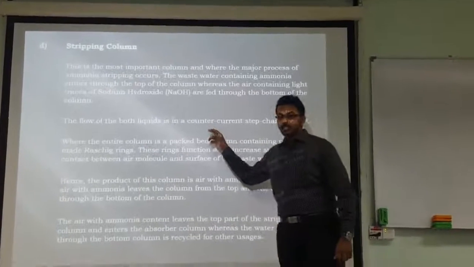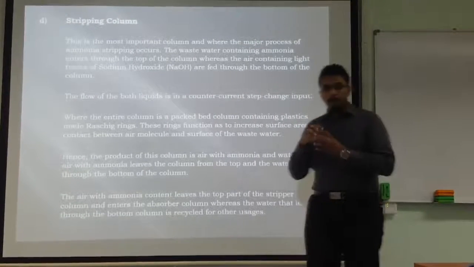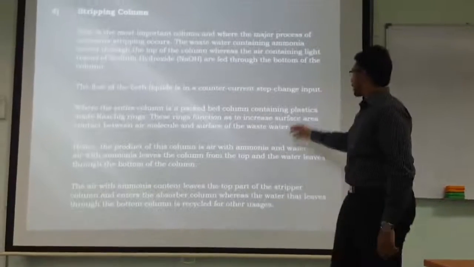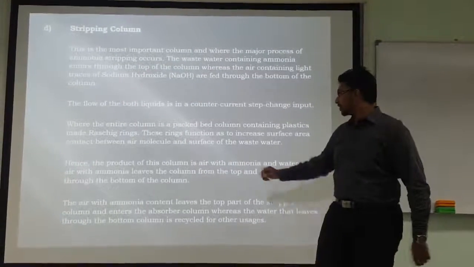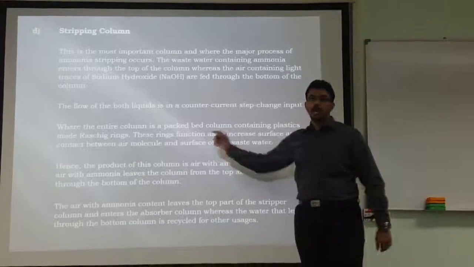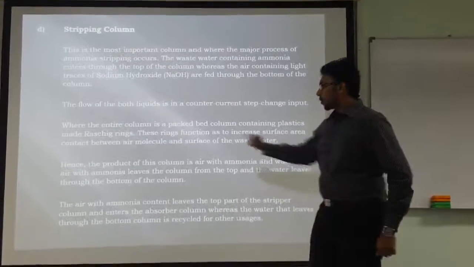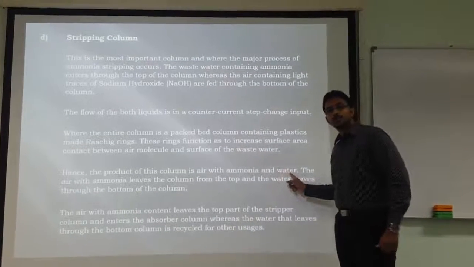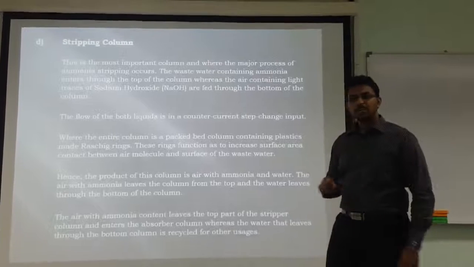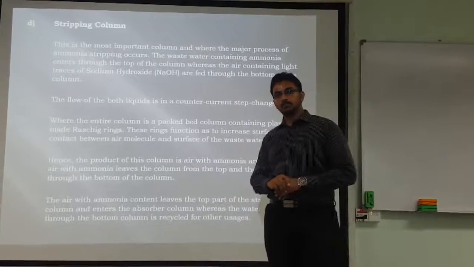The flow of both is counter current, and the entire packed bed column is filled with plastic Raschig rings. These rings have one function, which is to increase the surface area between the air and the wastewater that enters. Hence, the products of this column are air with ammonia, and water. The air with ammonia leaves the column from the top and the water leaves through the bottom of the column.